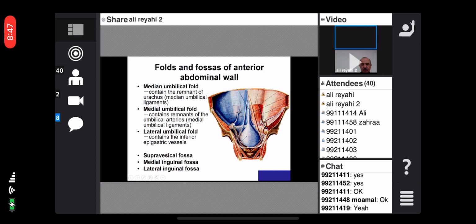Lateral. Attention please. The deep inguinal ring for the inguinal canal lies in the lateral inguinal fossa, and you can see here the ductus deferens, the passage of the sperms.